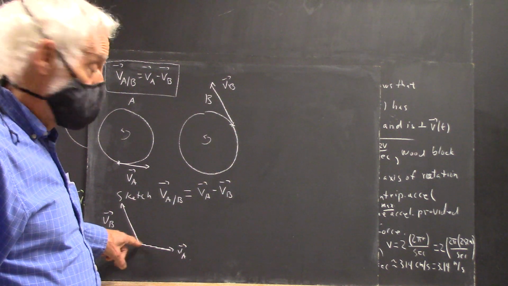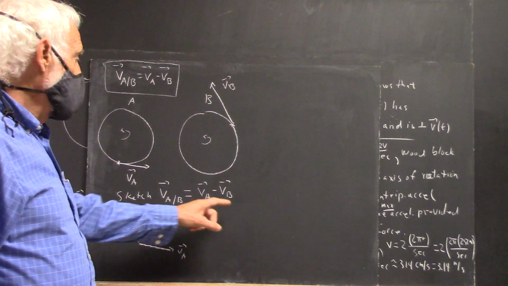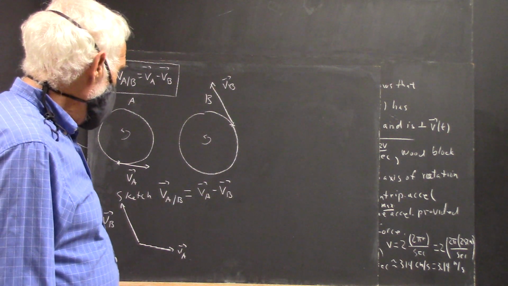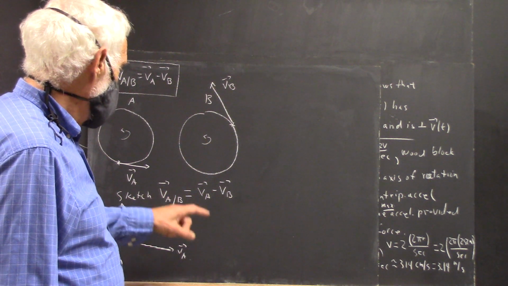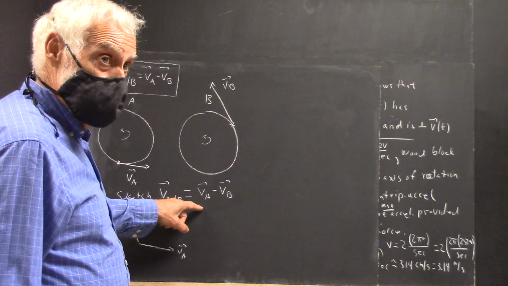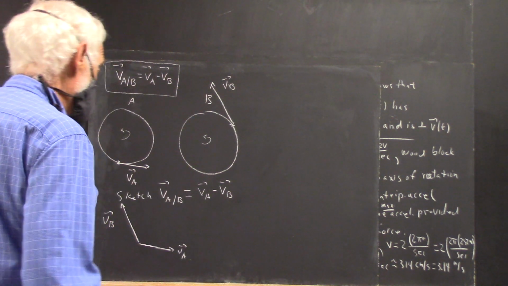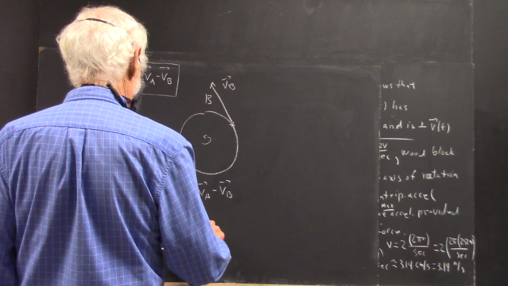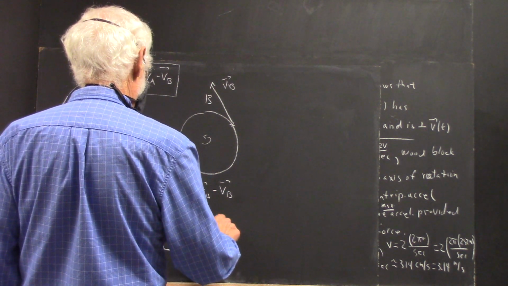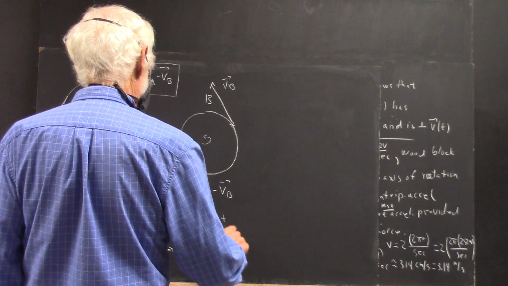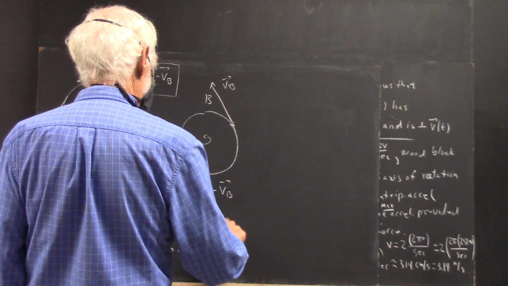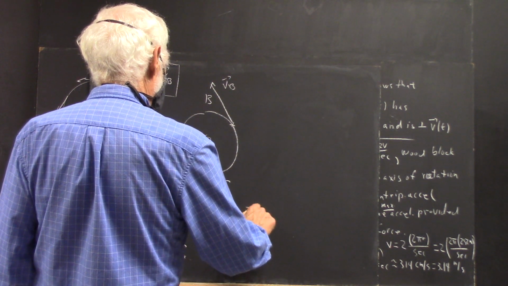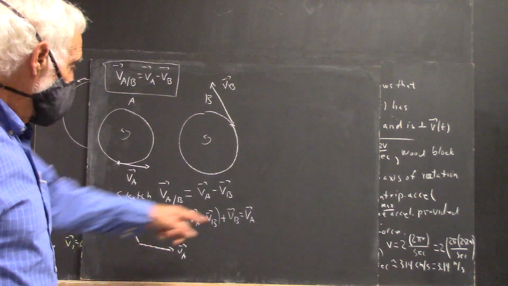Now, VA minus VB is what you would add to VB to get VA. So what you think of is that very simple equation, right?